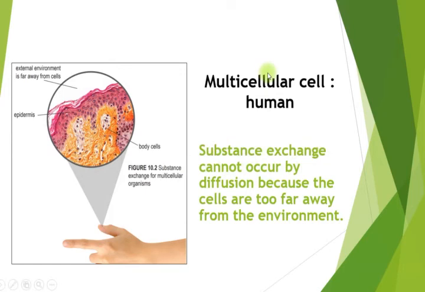For the multicellular organism, we take the example of a human. Substance exchange cannot occur by diffusion because the cells are too far away from the environment.